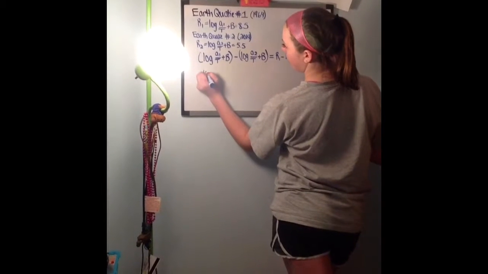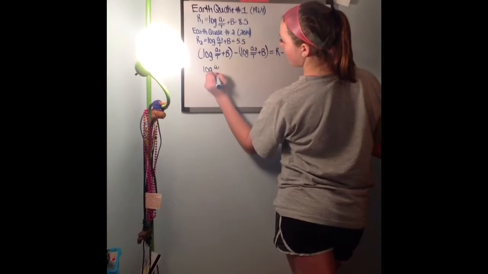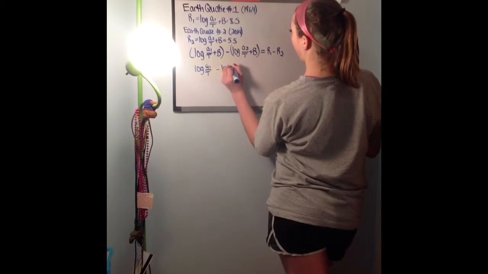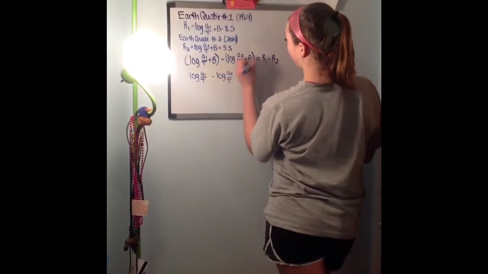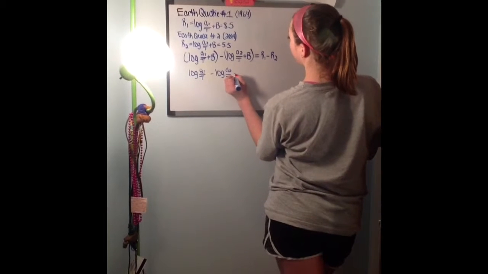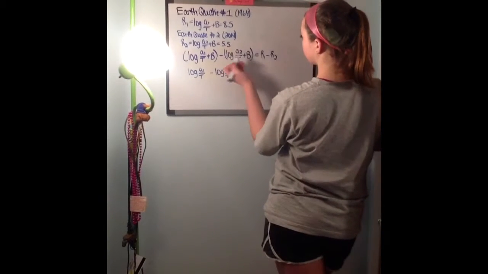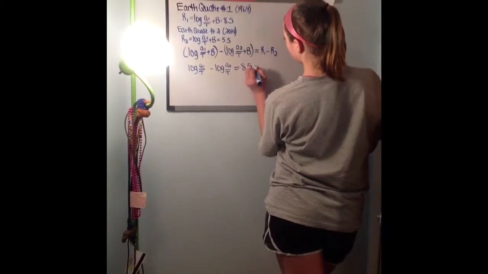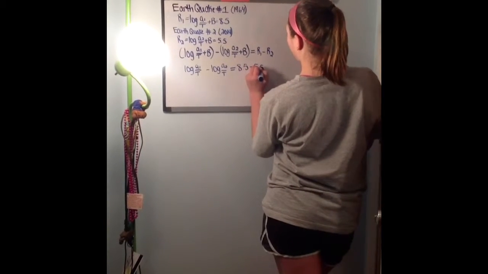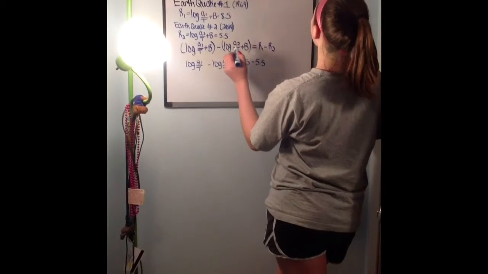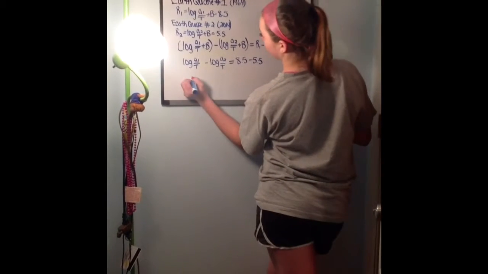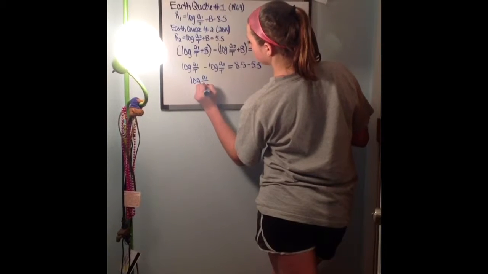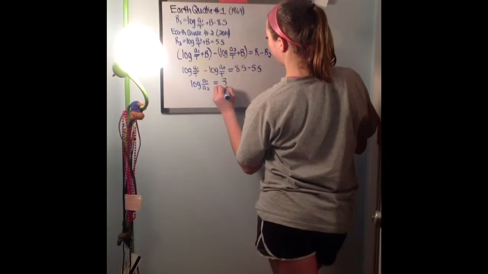So we're going to take log A1 over T minus log A2 over T, and our B's cancel out so we don't need to write them, equals our first Richter scale, which was 8.5, minus our second Richter scale, which was 5.5. We're then going to cancel out the T's, and we're going to be left with log A1 over A2, which would equal 3.